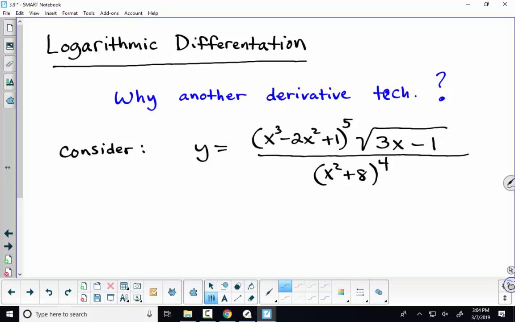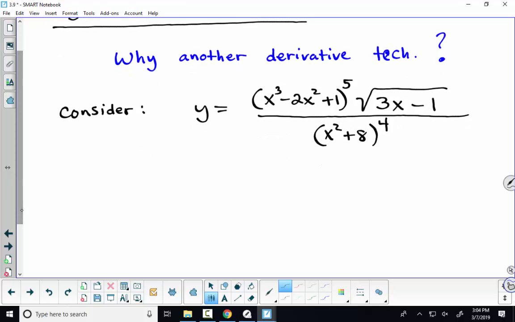So in order to take the derivative of that function, what do we need? Chain rule. Quotient rule, right? Then a chain rule and a product. So consider that function.